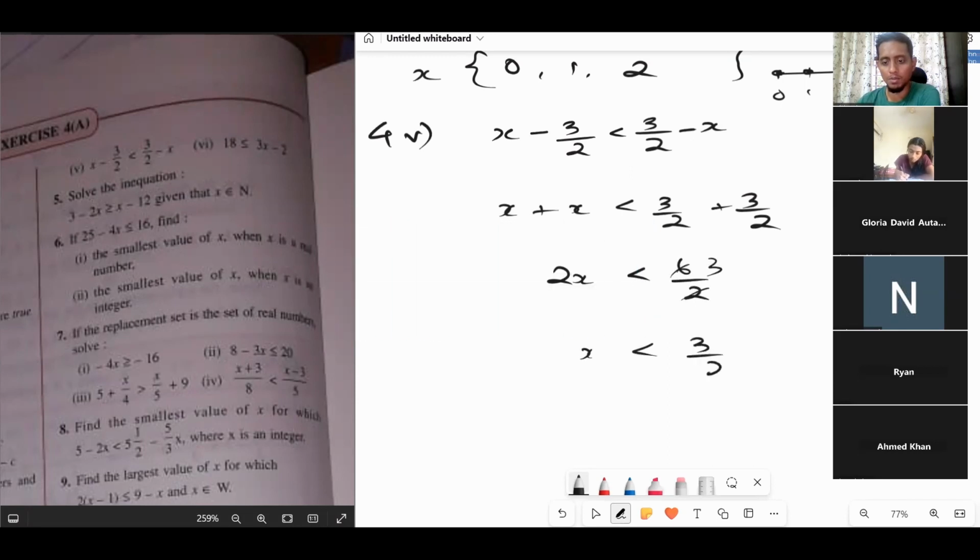X is less than 3 upon 2. Show what you did. You should get this as your answer.